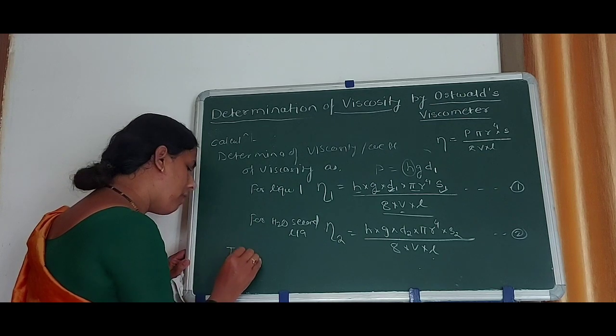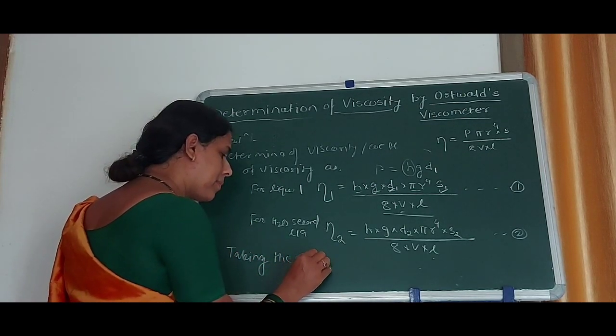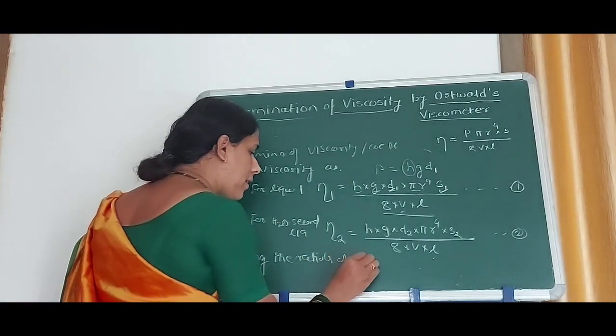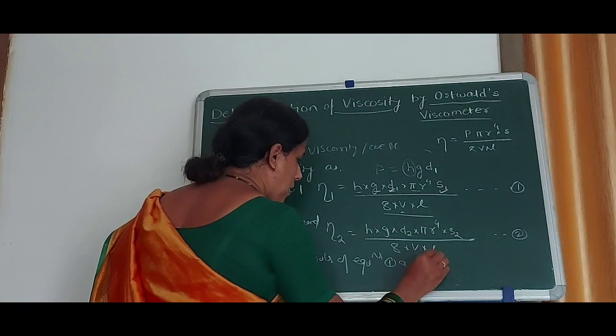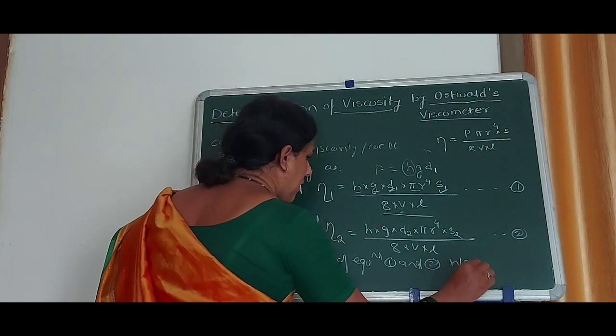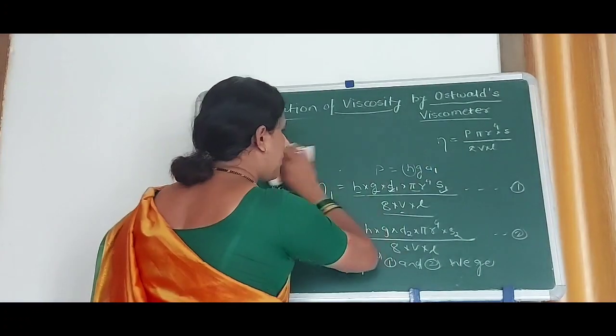Taking the ratios of equations 1 and 2, what is the equation here?